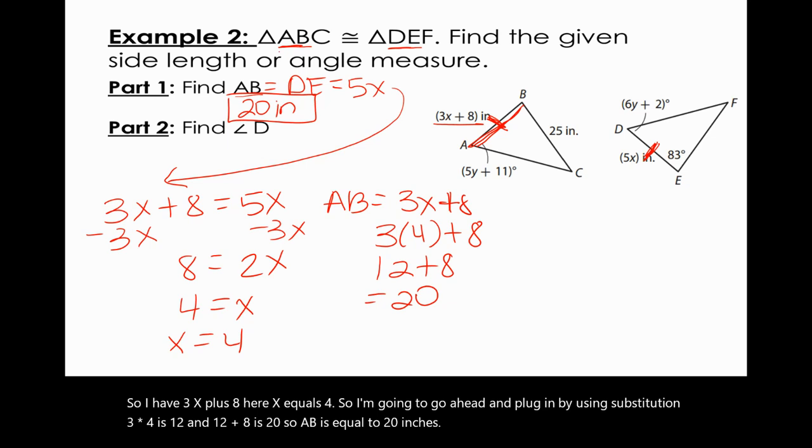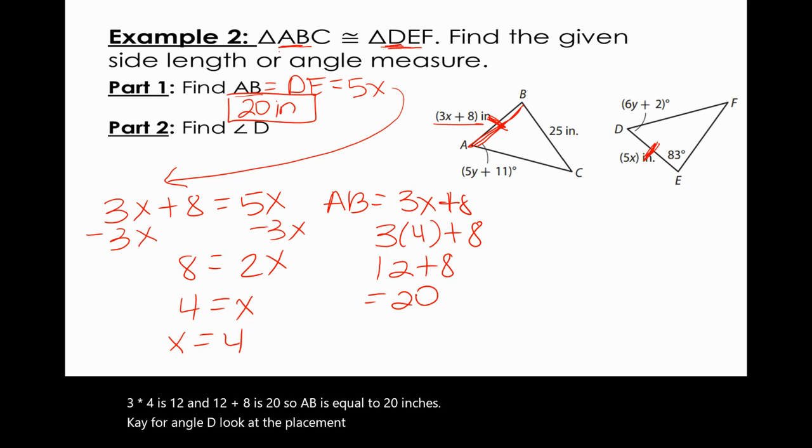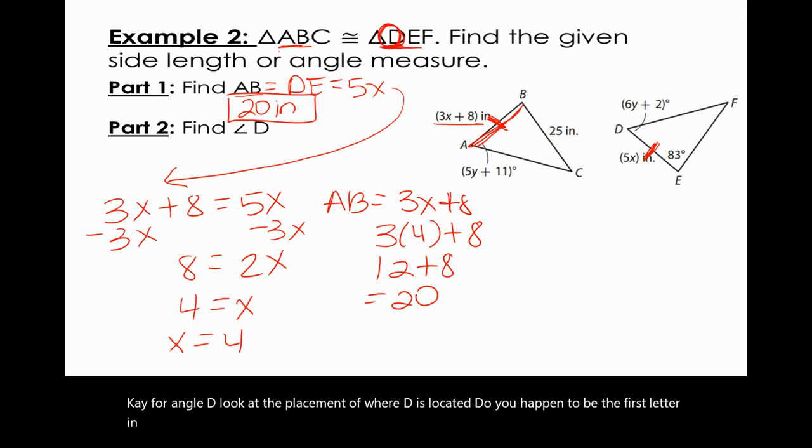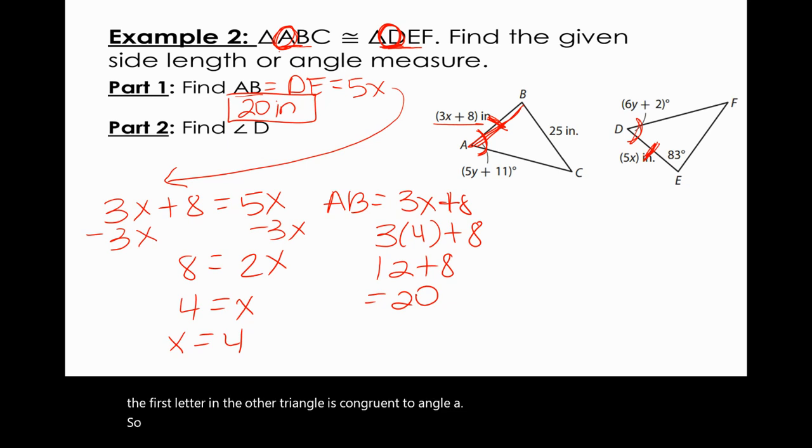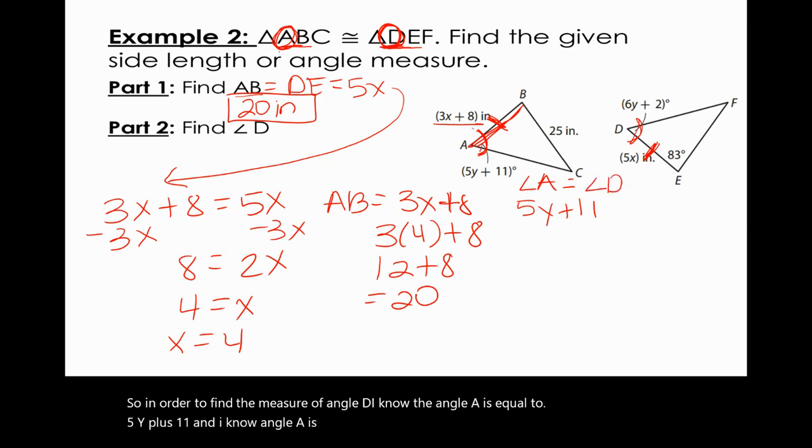Okay, for angle D, look at the placement of where D is located. D happens to be the first letter in this triangle. Now I'm talking about angles. So this angle here is congruent to the first letter in the other triangle, angle A. So in order to find the measure of angle D, I know that angle A is equal to 5y plus 11, and I know angle A is equal to angle D because they're both the first letter in each triangle.